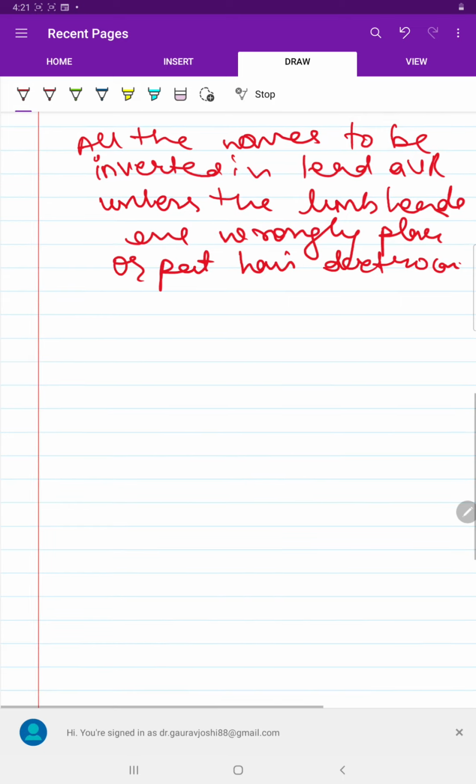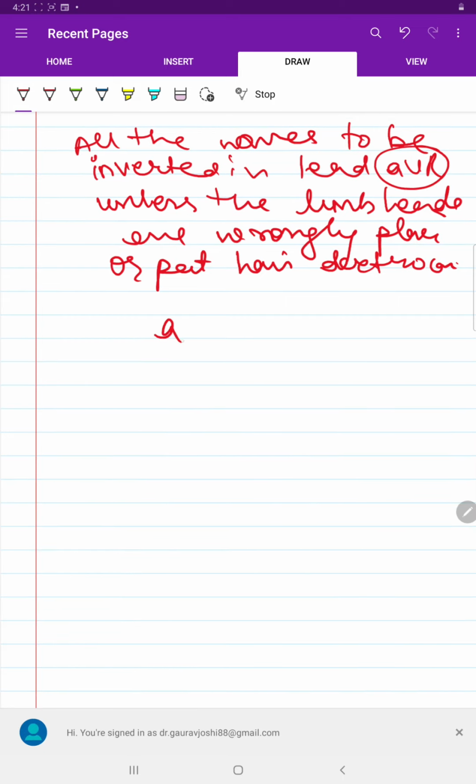Okay, AVR. We must remember that in AVR lead, everything will be negative.